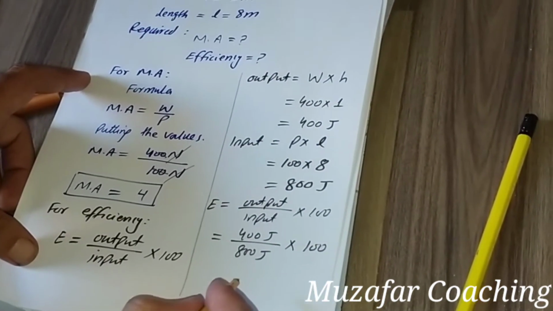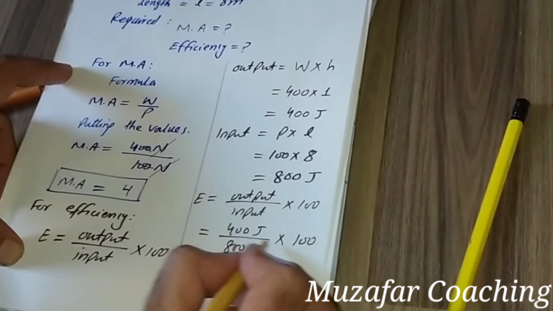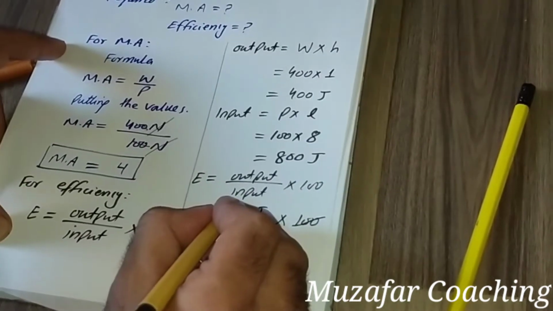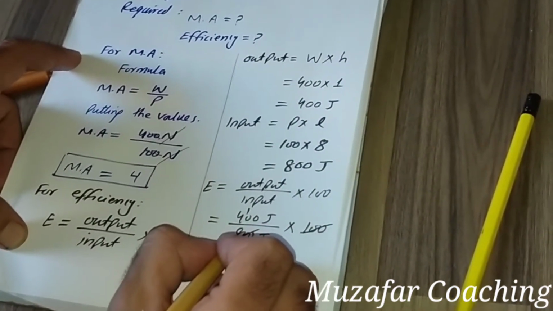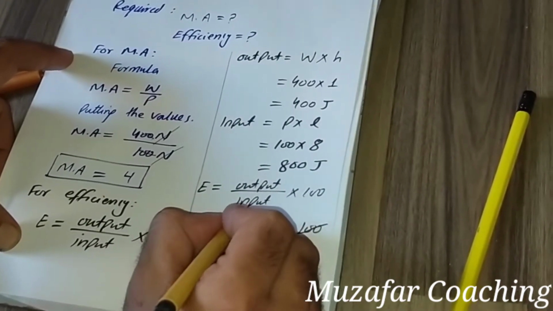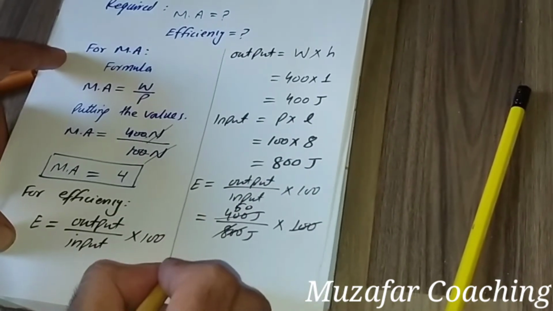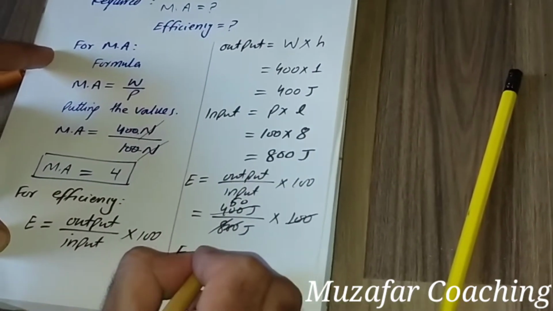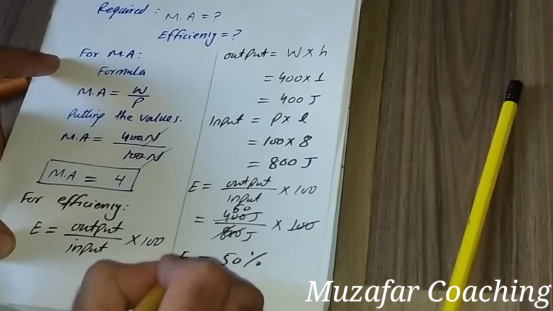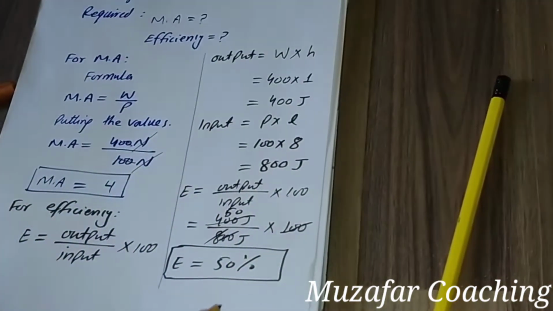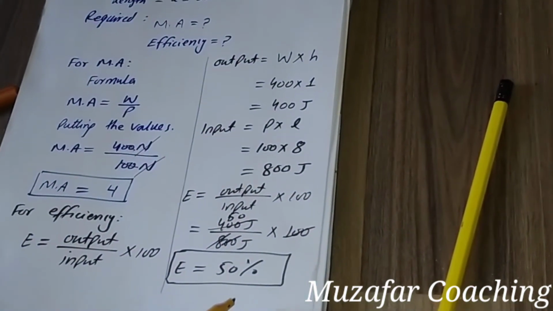Two zeros will be cancelled with two zeros. So 8 one time is 8, 8 fifty times is 400. So we got 50%. This is the total value of efficiency we got.